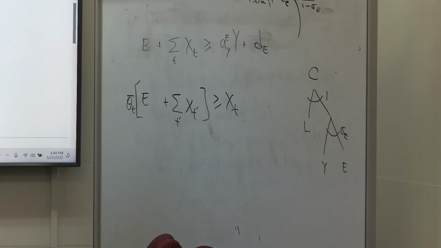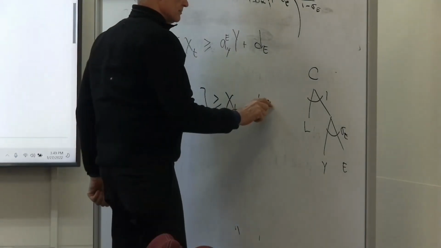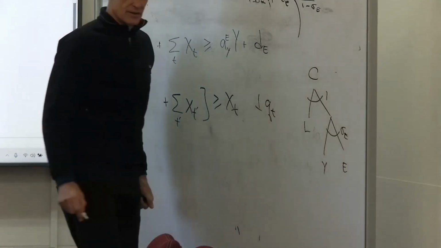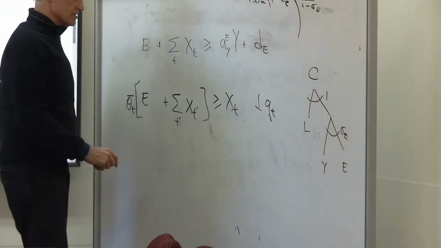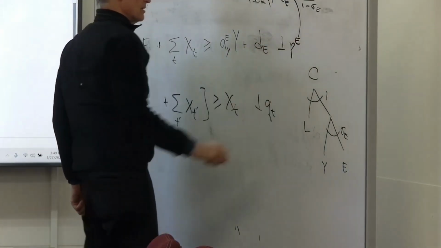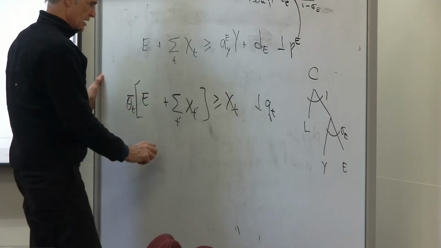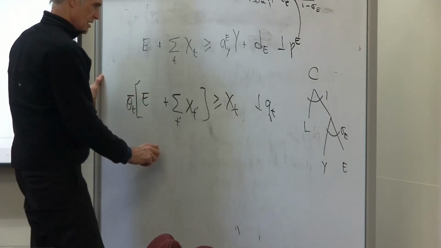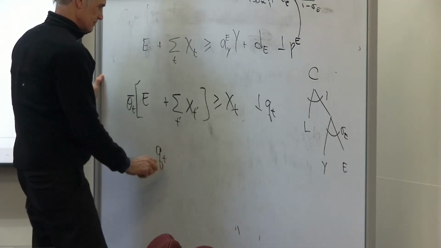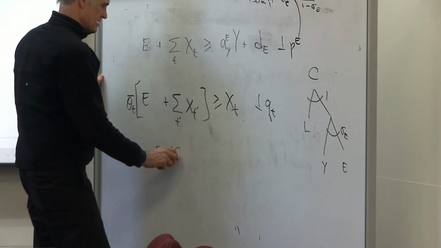There's a constraint. So therefore, this will have a shadow price, which we're calling Q sub T, and this is going to be the shadow price for PE. Then we're going to have an arbitrage condition for X, which will be Q sub T plus C sub T times the shadow price.